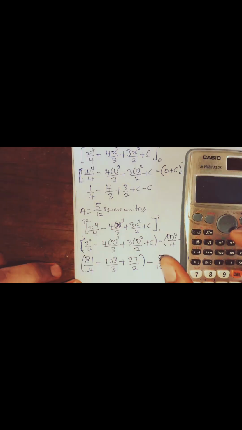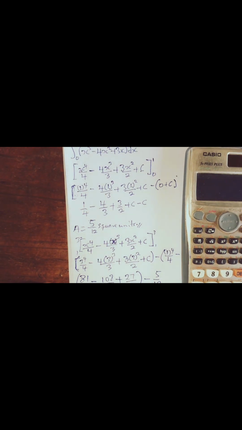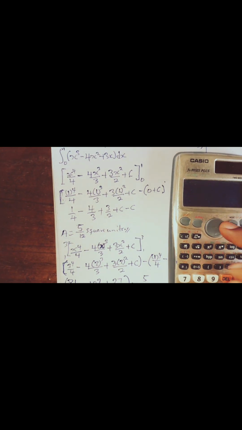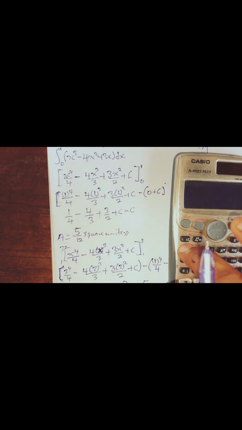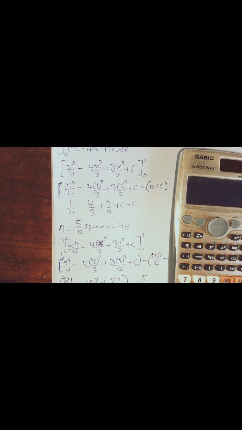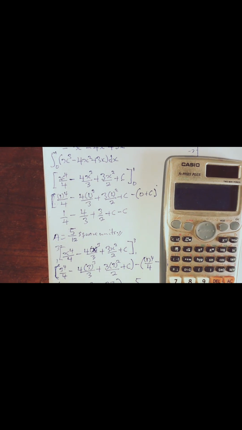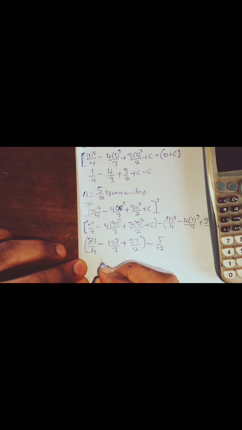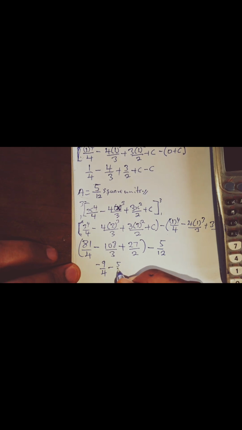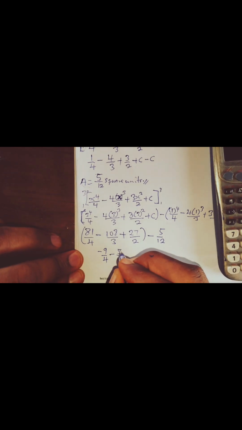So I will not struggle. Let me use calculator. 81 out of 4 minus 108 out of 3 plus 27 out of 2. I'm having negative 9 over 4. So I have minus 9 out of 4. Don't forget, I need to subtract it from this one. Minus 5 out of 12.